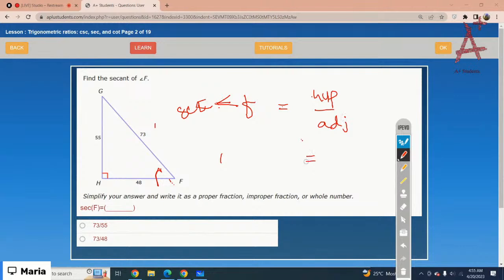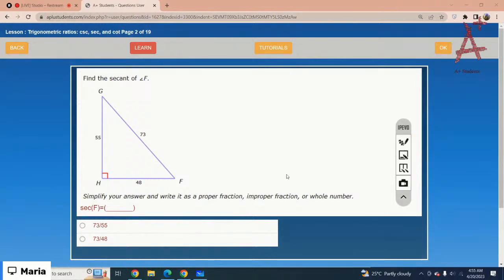Got it? So hypotenuse from angle F is 73 and it would be 73 over 48. Got it? Just select the correct option and click on the OK button.